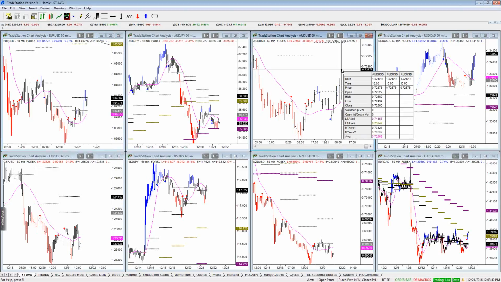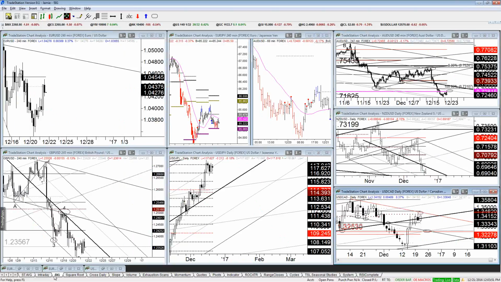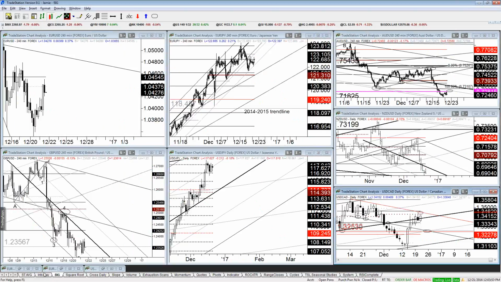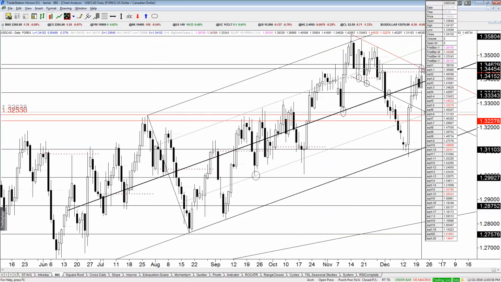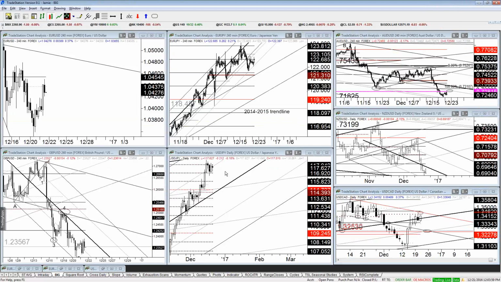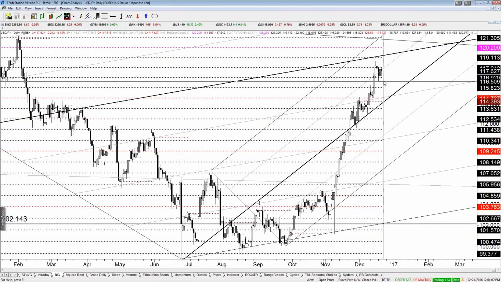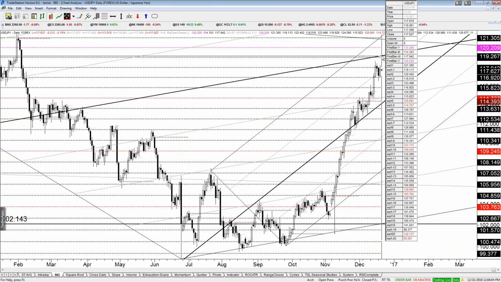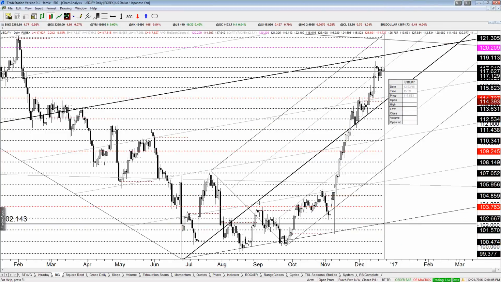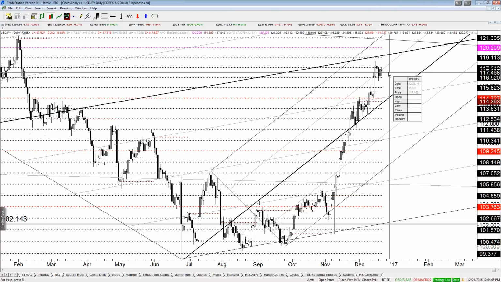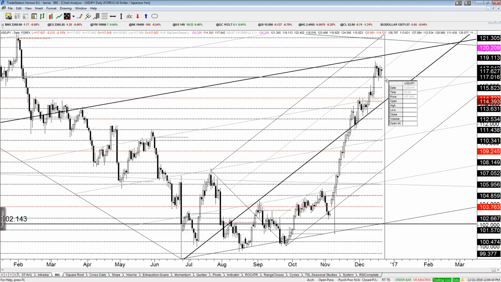Kiwi, still like the downside, even against the dollar. Dollar CAD, I'd really pay attention to 134.50. Dollar yen, would rather sell a new high than chase right here, kind of coiling up, not much going on. Or if you start to break under 116.90, I'd be looking at 116.90 as resistance on a back check.